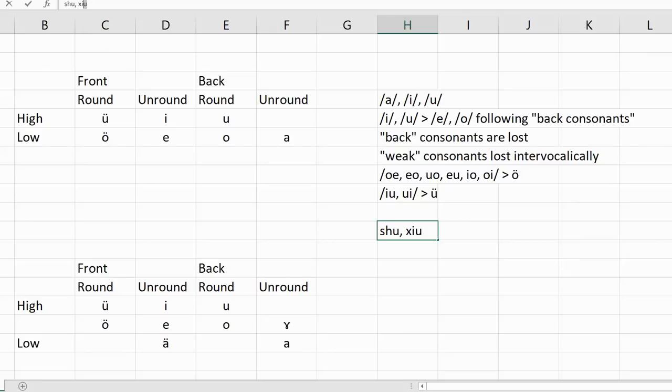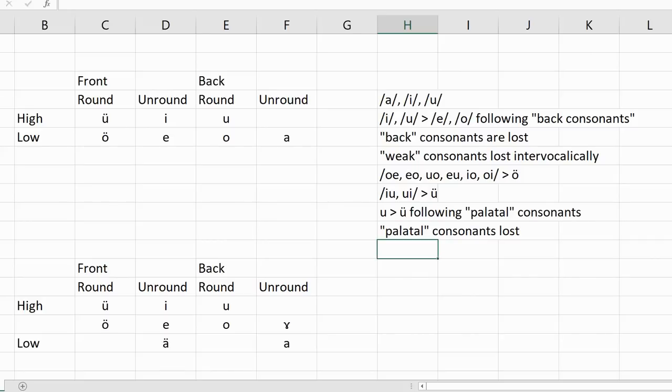It's a fronted u. So following the alveolo-palatal consonant series, an oo becomes u. So to add some more u's into this language, we could say that oo goes to u following, again, we'll come up with exactly what these are later, but for now we'll call them palatal consonants. And then to make that phonemic, the palatal consonants will be lost.